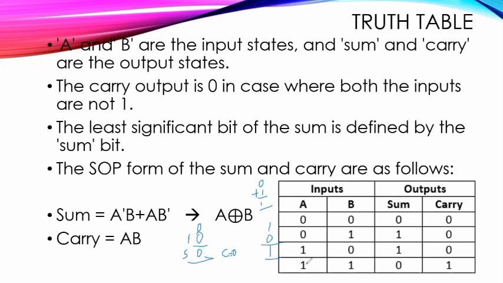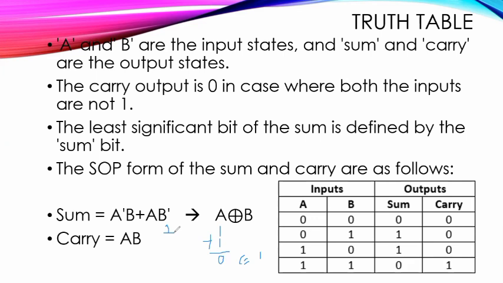Now let's see how 1 plus 1 works out. You have to be careful here. 1 plus 1 gives sum 0, carry 1. How does this happen? 1 plus 1 in general addition is 2.